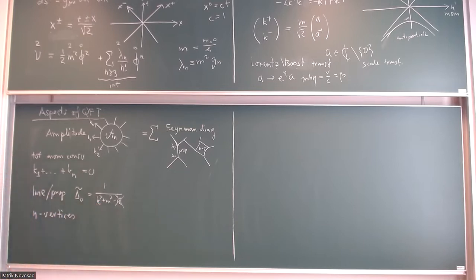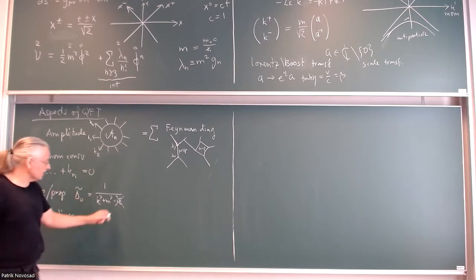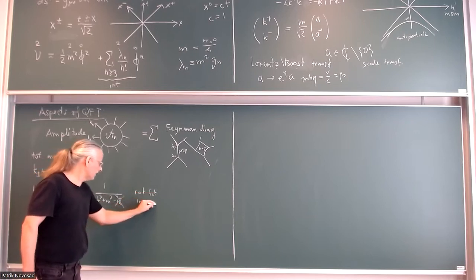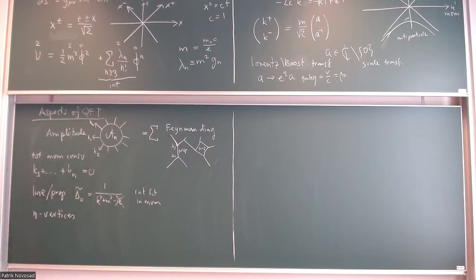So it will be some rational function in momentum, and it's given by that. In fact, it is somewhat related to the free part of the Lagrangian. It's sort of the inverse of that.